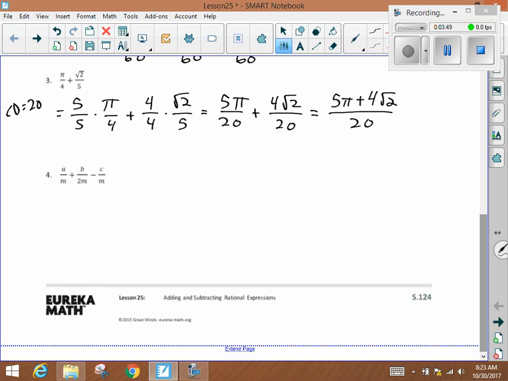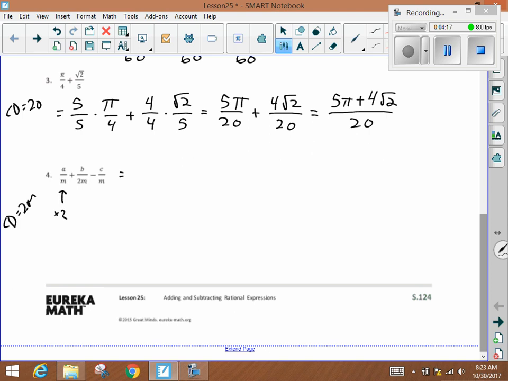All right, let's do this next one. Our common denominator here is going to be 2m, right? Because 2m is the smallest quantity that is divisible by both m and 2m. So in order to get a 2m here, I have to multiply by 2, right?